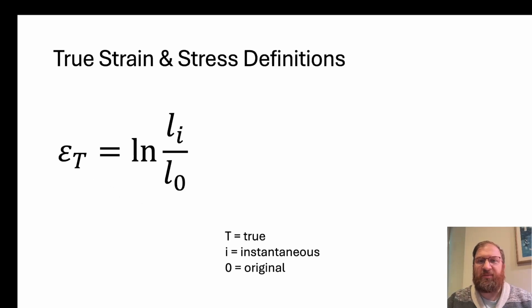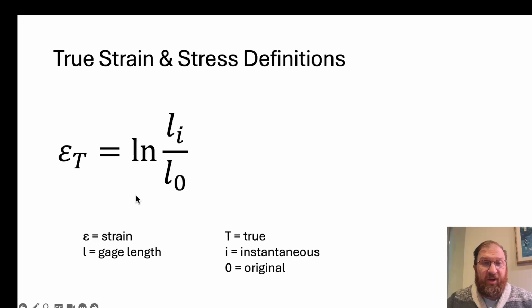So T is always for true. If you see the subscript I, like you do up here, this is always indicative of instantaneous. So what is the actual length or other measurement at a given point in time? And the naught or the 0 or an O, this is indicative of original. So what are the dimensions, say length, at the beginning of the test? That's what we'll use for all these.